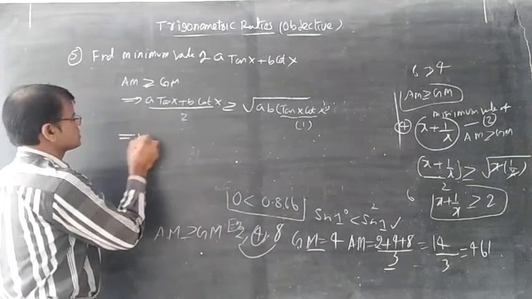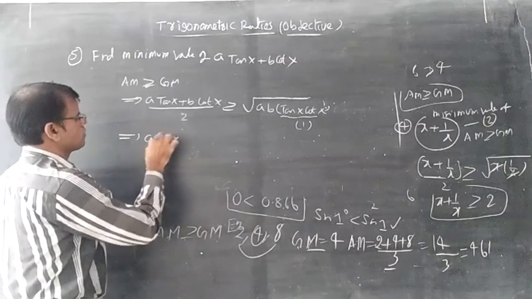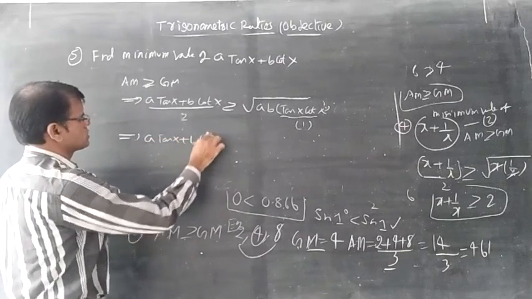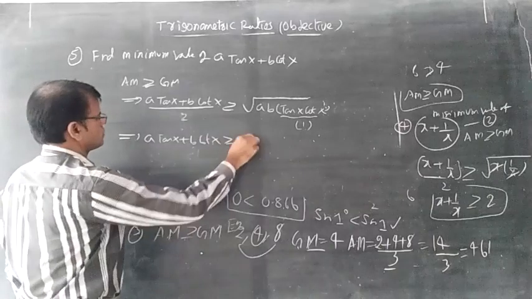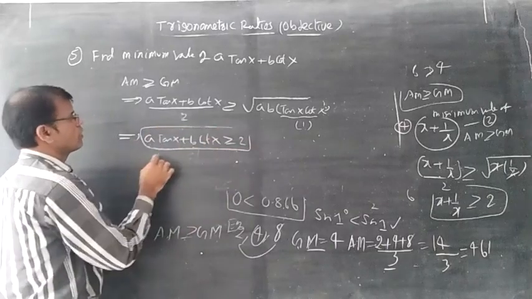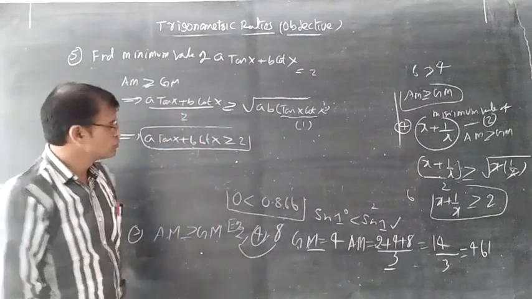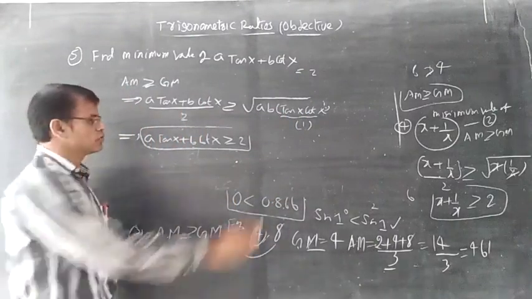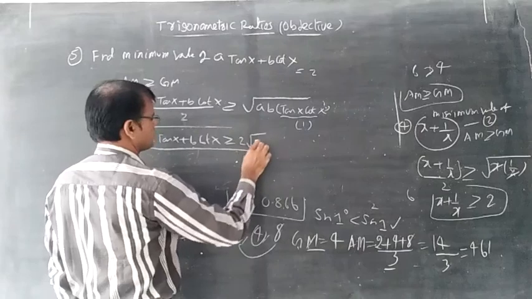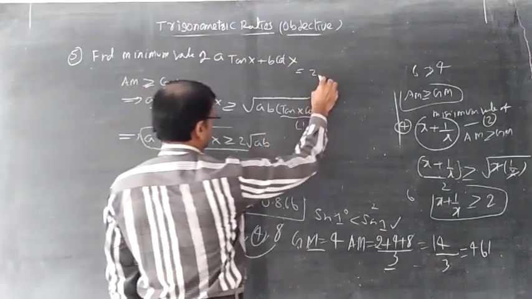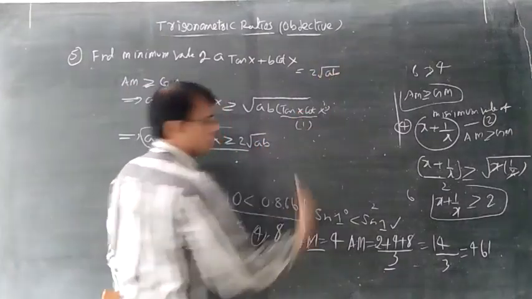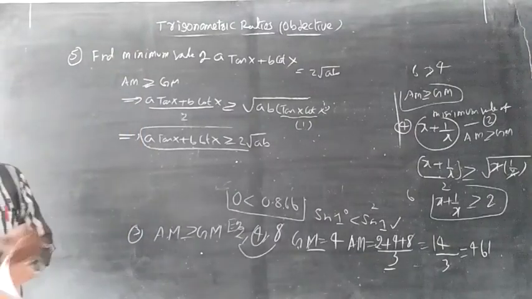So that implies A tan x plus B cot x is greater than or equal to 2 root AB. So the minimum value of A tan x plus B cot x equals 2 root AB.